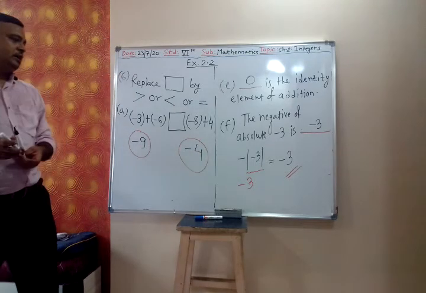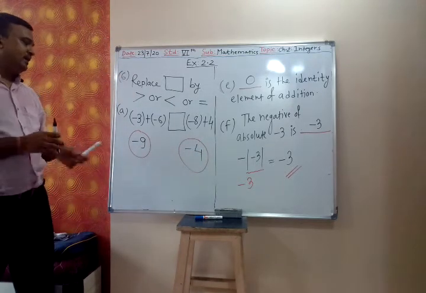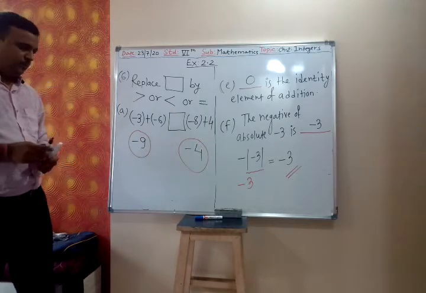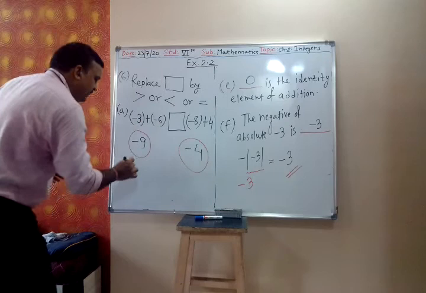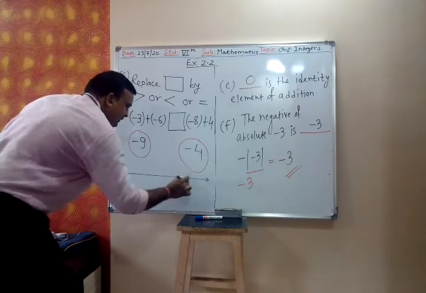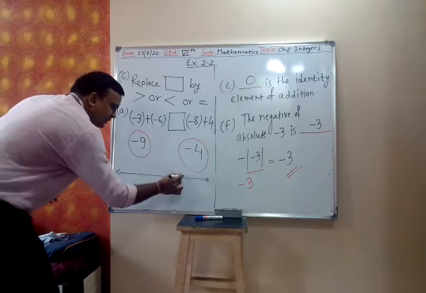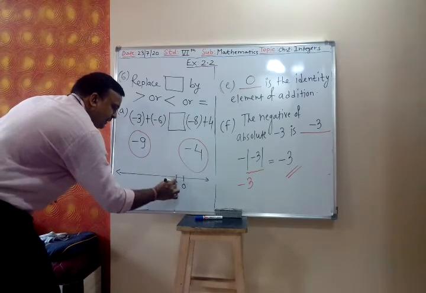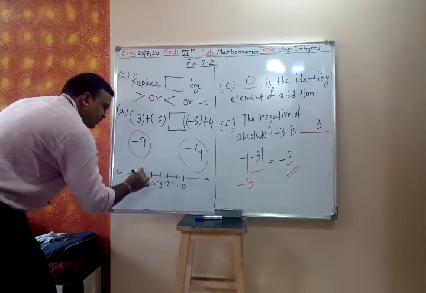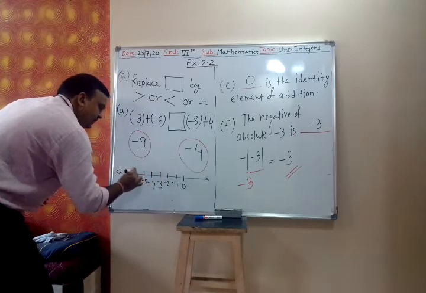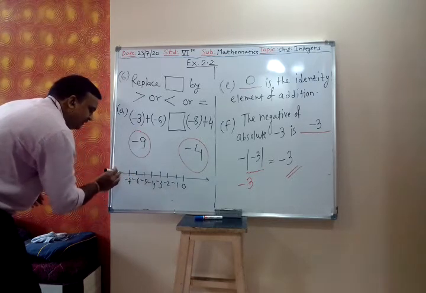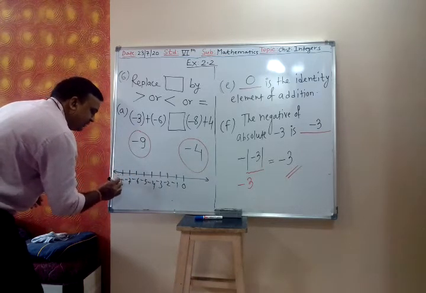Now which number is bigger? Minus 9 or minus 4? See here, when you see the number line, this is 0. This is minus 1, minus 2, minus 3, minus 4, minus 5, minus 7, minus 8, minus 9.